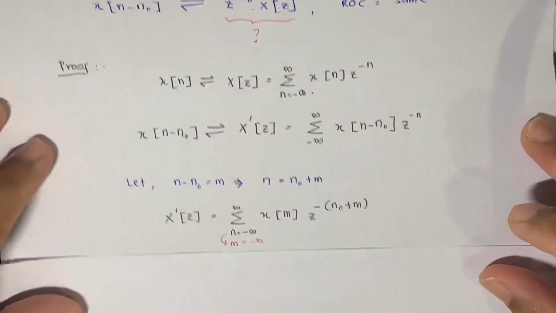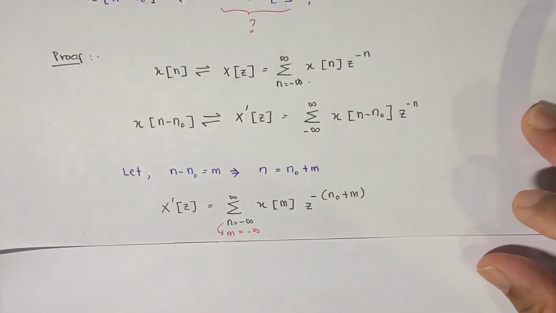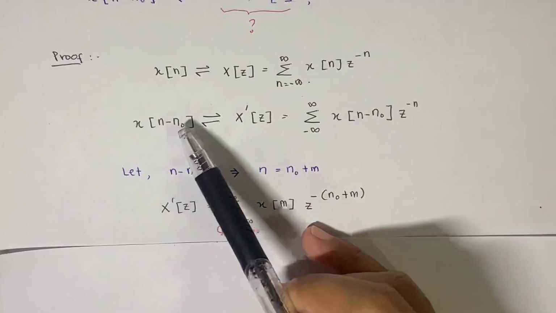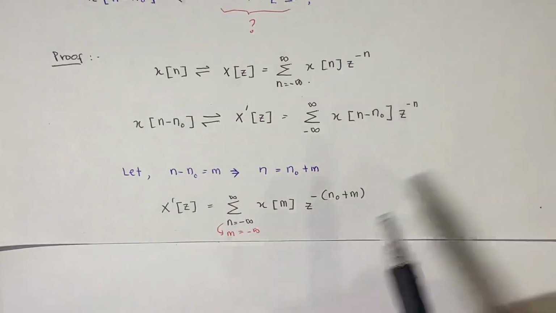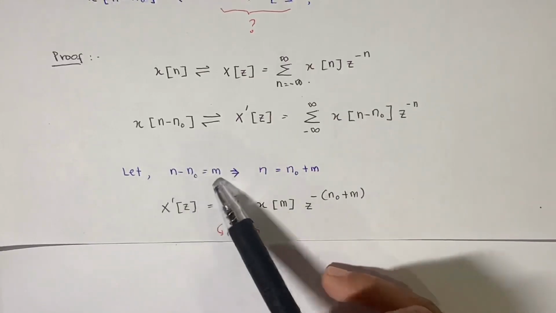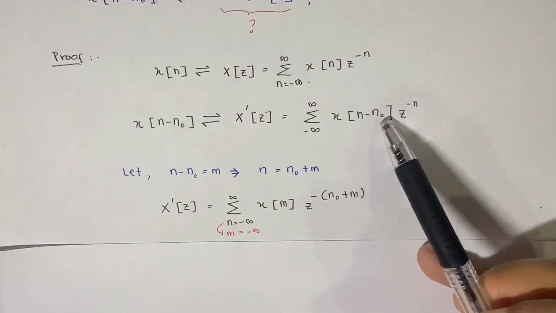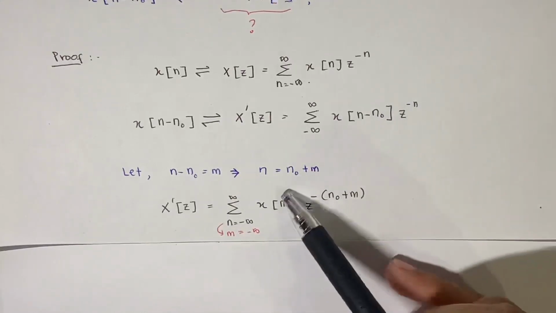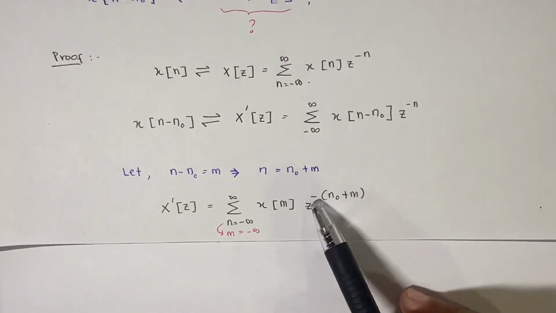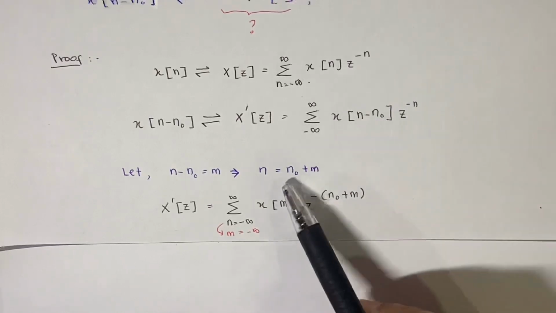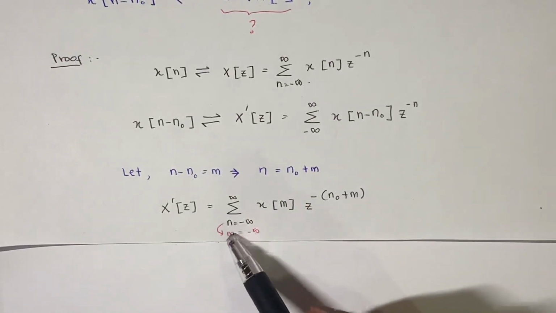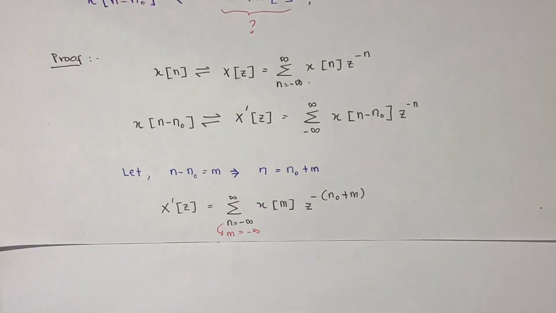Okay, we move to the next part. Now we want to find the Z transform for x[n minus n naught]. We just need to replace it with this assumption, n minus n naught equal to m. So put m here, and z to the power of negative n, with n equal to n naught plus m. Here you need to change the summation from n to m.